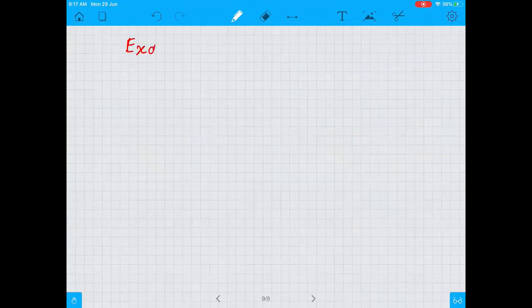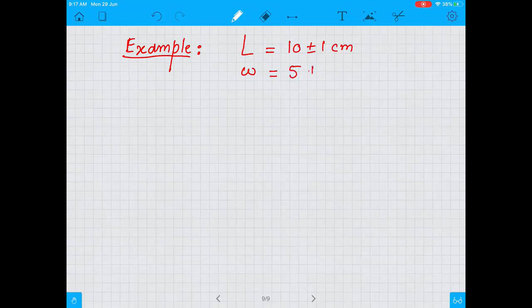Let's solve an example for this concept. For example, you are given length that is 10 plus minus 1 centimeter. You are given width that is 5 plus minus 2 centimeters. So these two values are given.